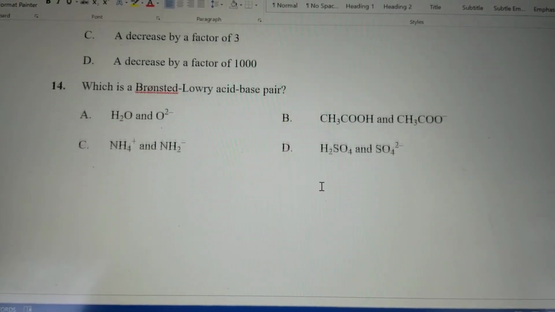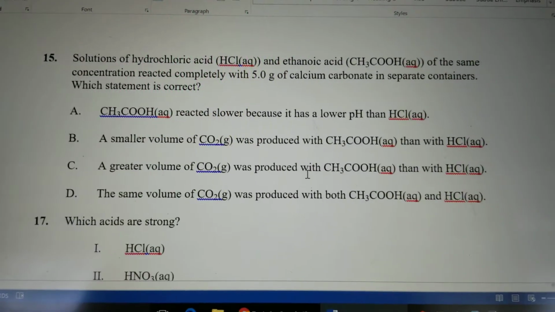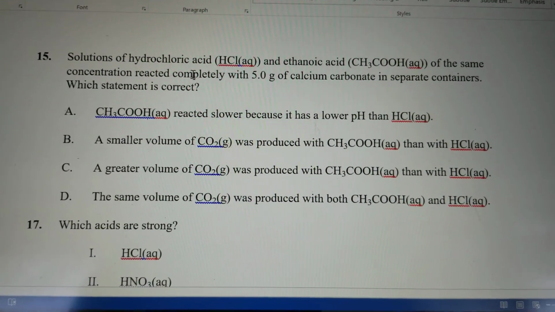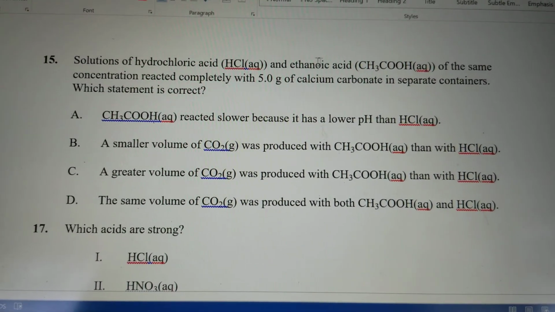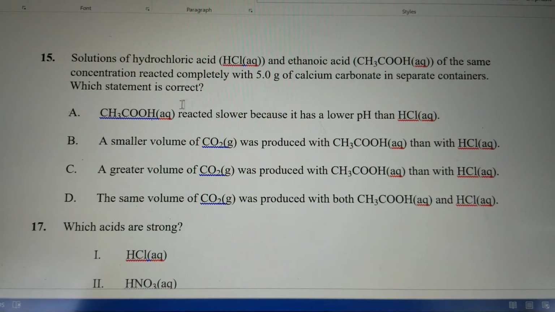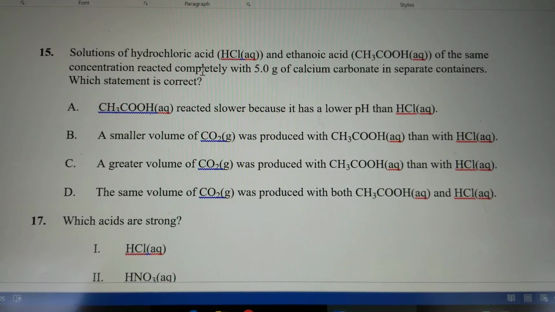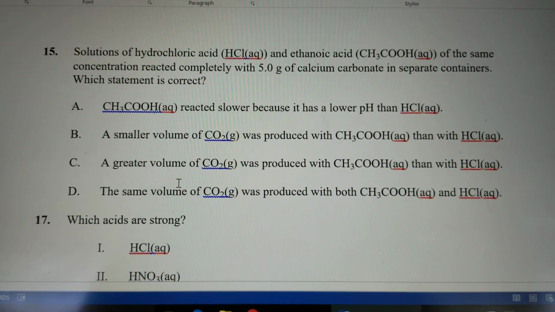If I go to number 15, 15 asks about taking hydrochloric acid, which is a strong acid, and ethanoic acid, which is a weak acid. They have the same concentration, and they're going to both completely react with 5 grams of calcium carbonate. Which of these statements is correct?